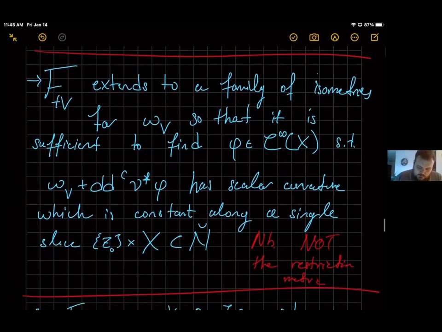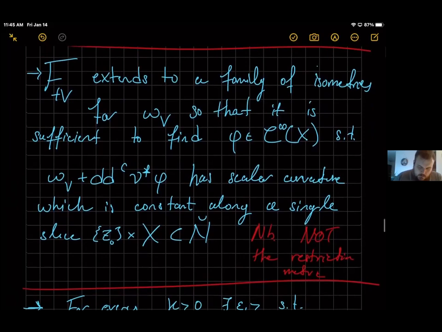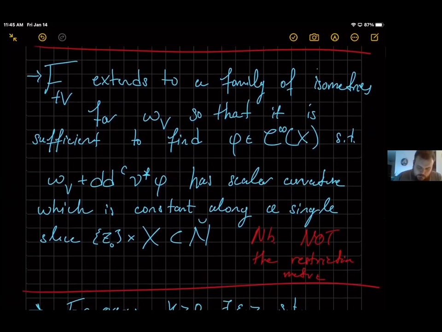And the other tool that's used is that we can extend the flow. So it's initially defined just on X, but we can extend it to Im Brev in a way that it actually generates a family of isometries for our gnarled metric.